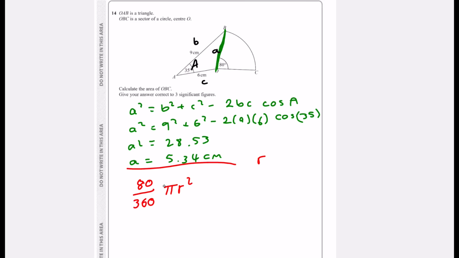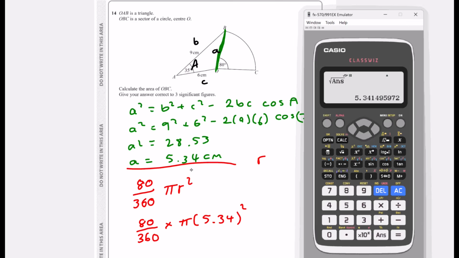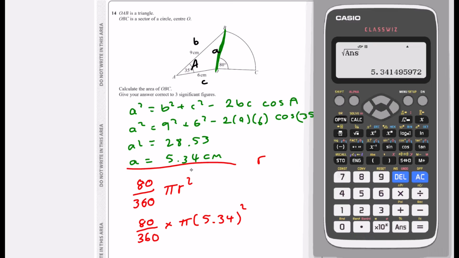So we want 80 360ths of pi r squared. So 80 360ths of pi times 5.34 squared. So again, we'll just type this into the calculator. We can use the whole number for a, so we don't have to round it.